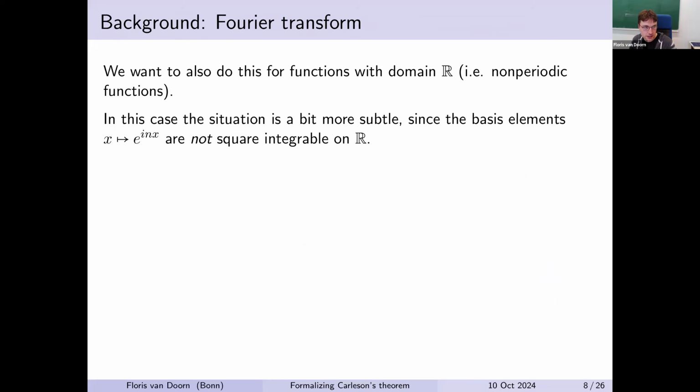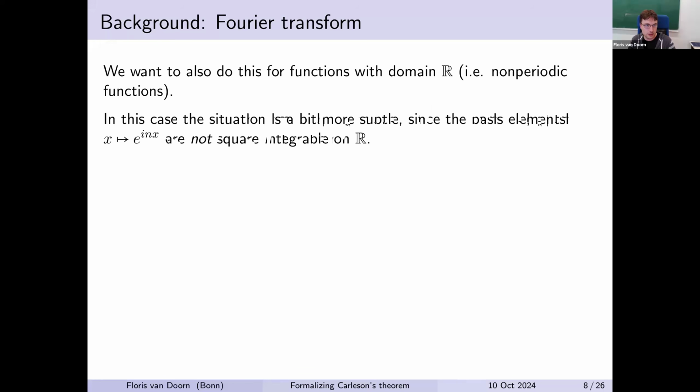And one reason why this situation is a bit more subtle is that now these basis elements that map x to e^(2πinx) are not square integrable on R anymore. They have norm 1 in the periodic setting, but the constant function 1 on all the real numbers has of course an infinite integral.